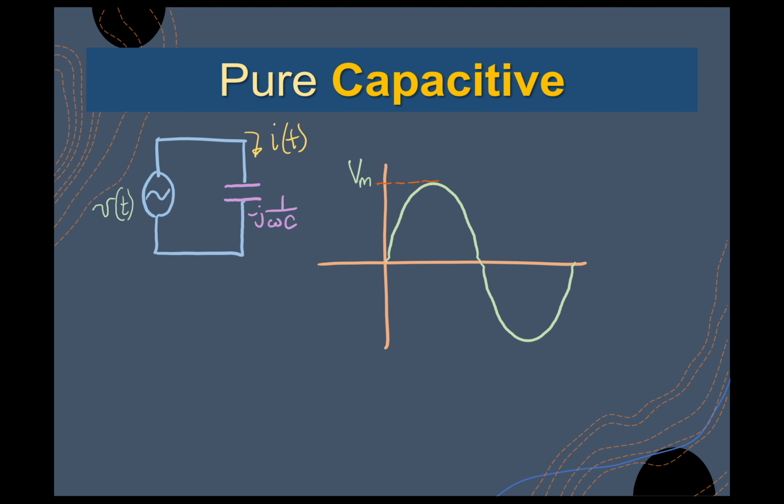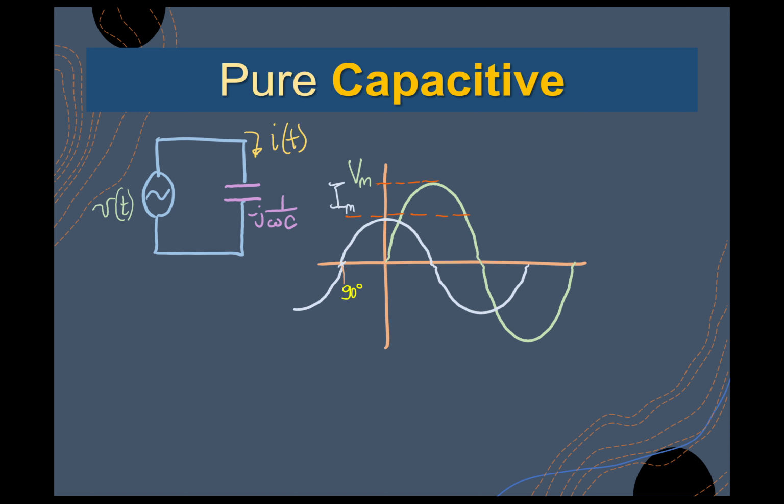Here we have a signal for your voltage source with amplitude Vm, and then you have your Im. Initially they are in phase, so this is actually a resistive circuit. But for a purely capacitive circuit, the current is leading the voltage by 90 degrees.